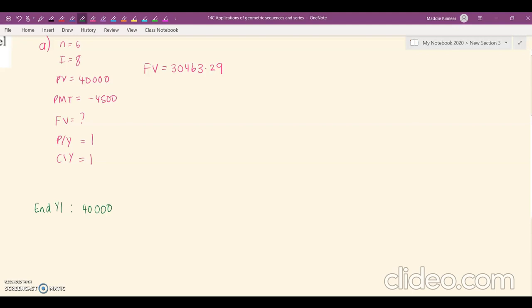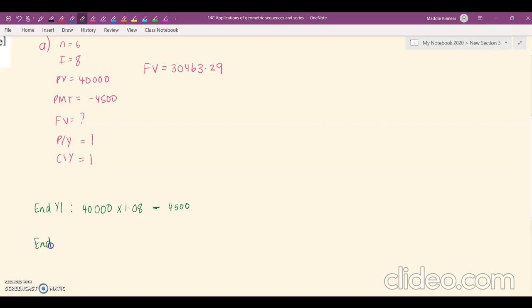So we get 40,000, we have interest charged on that account, so that's 1.08 because it was 8%. And then what we're doing is, after we've been charged the 8%, because that was on the balance for the year, we then repay $4,500 at the end of the year. So that's why it comes off afterwards, not before the interest is applied.